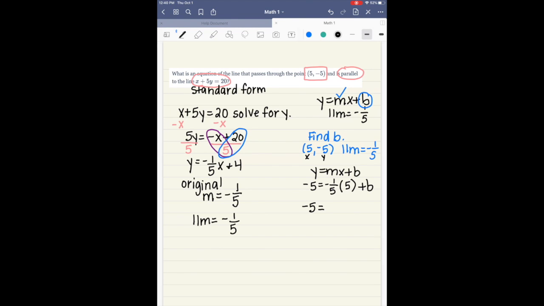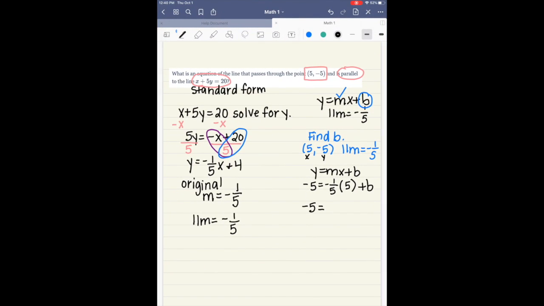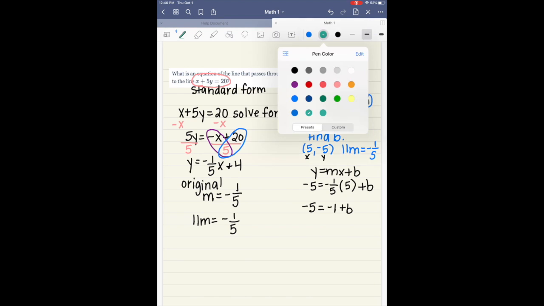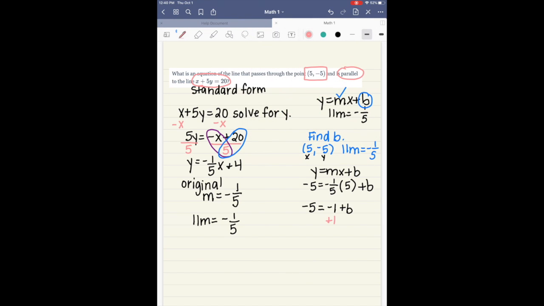If you are not aware, this is negative 1 times 5, then divided by 5. But you can always plug it in Desmos, and you can say negative 1 over 5 times 5, and that gives you negative 1. So negative 1 plus b. And you're going to have to solve for b. So to solve for b here, we are going to add 1. And we find that our b value is equal to negative 4.